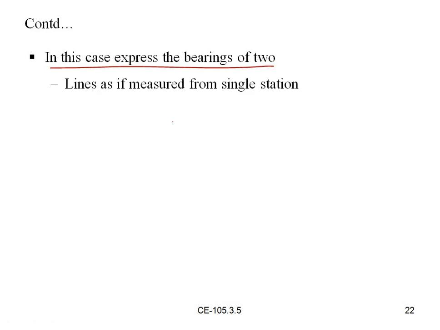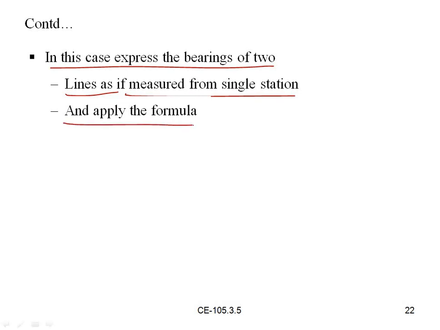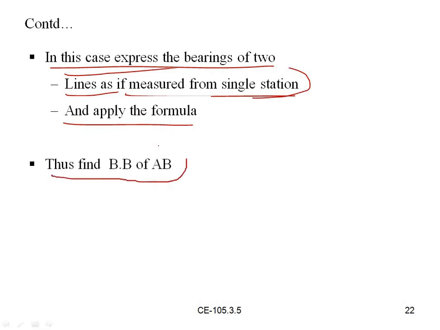So in this case, express the bearings of the two lines as if measured from a single station and apply the formula. So here these are the lines as if measured from a single station. Then apply the formula. Thus find the back bearing of AB.